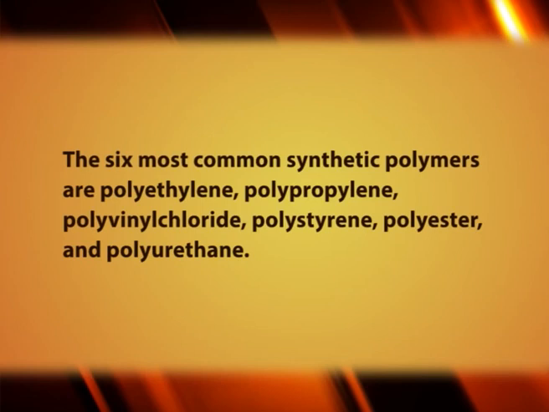Silk and wool are proteins, another kind of natural polymer. The 6 most common synthetic polymers are polyethylene, polypropylene, polyvinylchloride, polystyrene, polyester and polyurethane. When exposed to heat, polymers undergo an irreversible decomposition caused by breaking of chemical bonds, or pyrolysis.